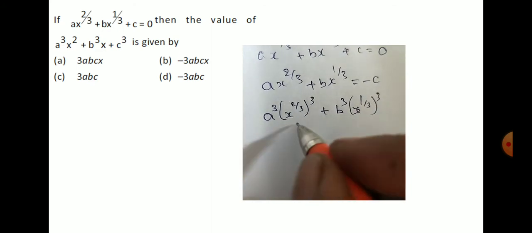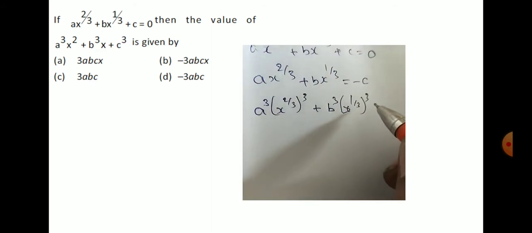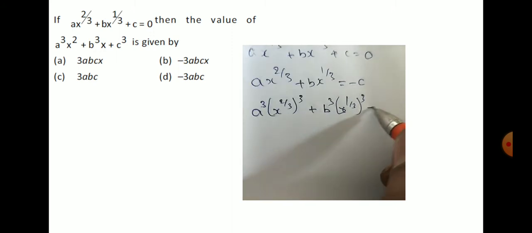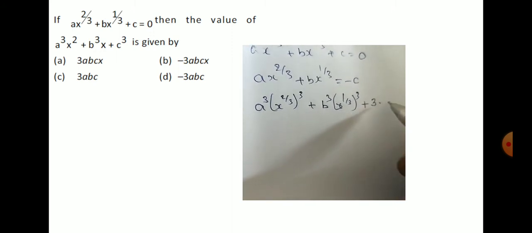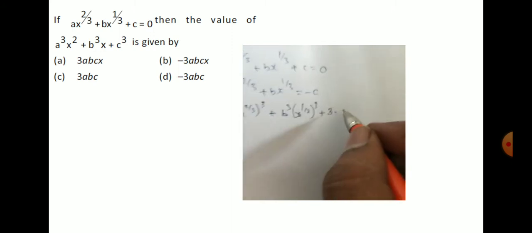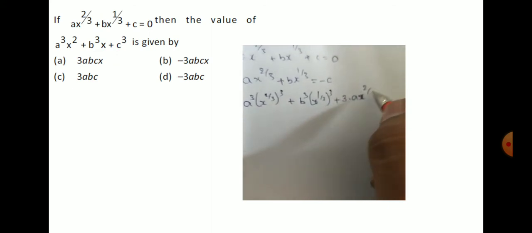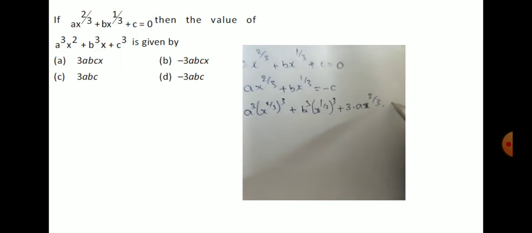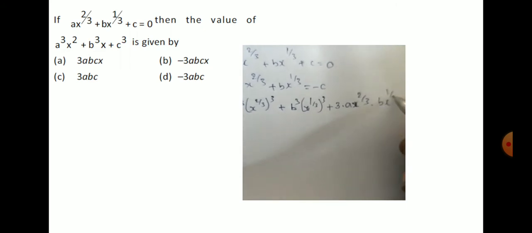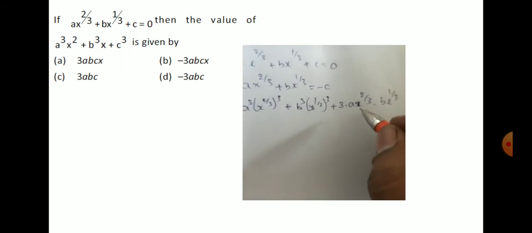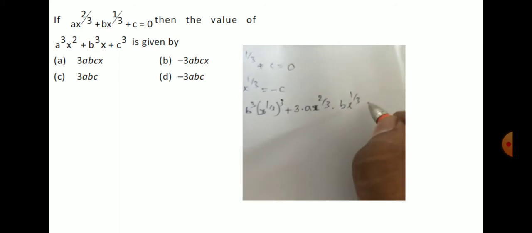This is a cube plus b cube, plus 3 into a x^(2/3) into b x^(1/3) into (a + b).